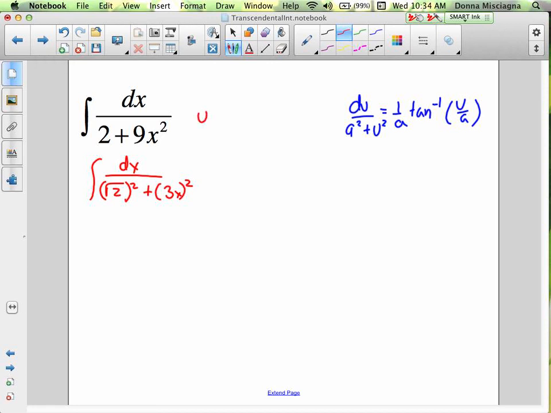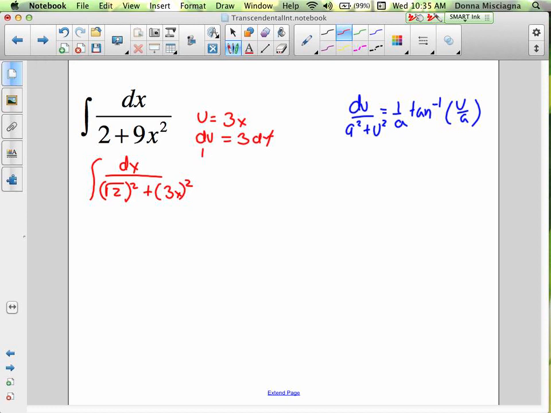So u is going to be the 3x. The derivative of 3x would be 3dx. We have a problem there, right, because we don't have a 3.